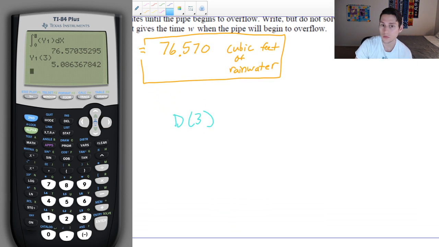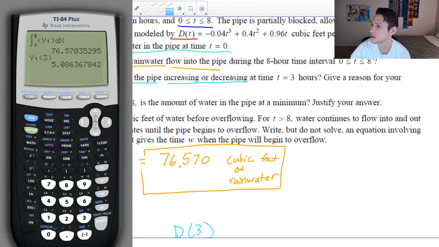Okay, so R of 3 is 5.086. I don't care about storing the specific value because I'm just comparing which of these values is bigger. And then D of 3, so I'll go ahead and enter in for Y2 here.